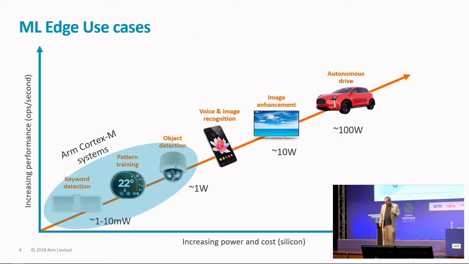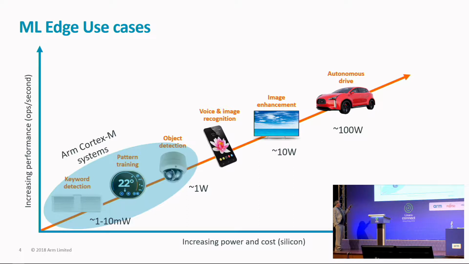So what am I talking about in terms of running on Cortex-M? At the high end of running at the edge, you would have autonomous vehicles with fairly large processors running in the car. It's like a mini data center in the boot of your car. But what I'm really looking at is what I can do with a Cortex-M processor down at the tens of milliwatts, way down there.